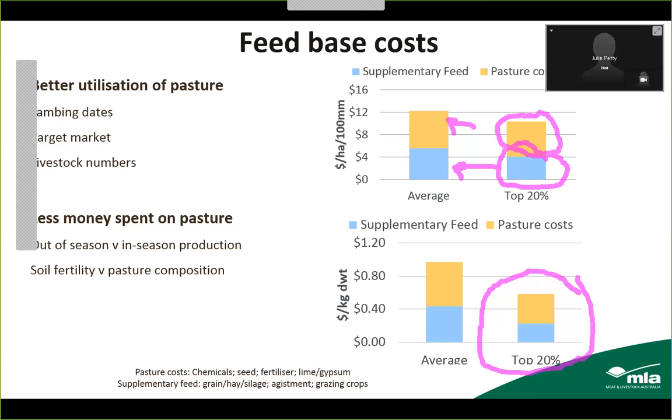The other point I just wanted to make here is that some people might have high costs in this area because they've actually invested too heavily, and then the question for those people should be, well, is my soil fertility right, and should I be taking that as the low-hanging fruit?